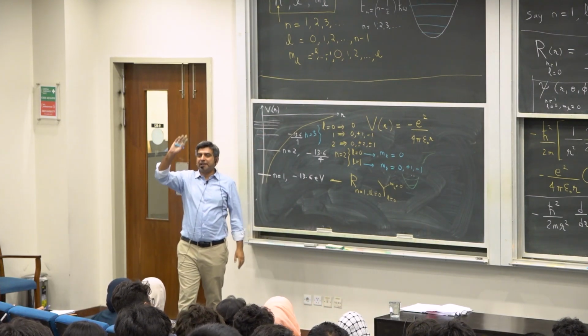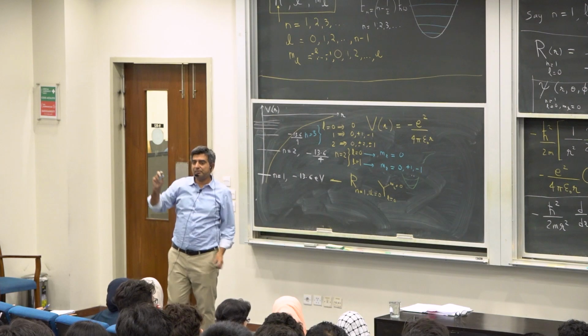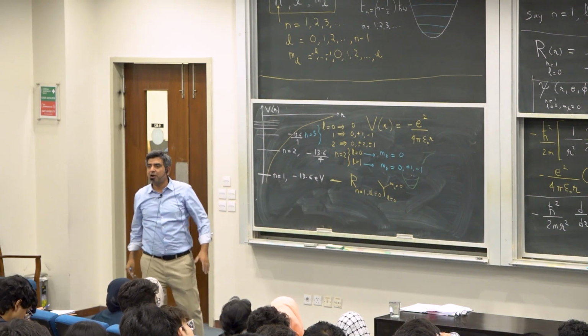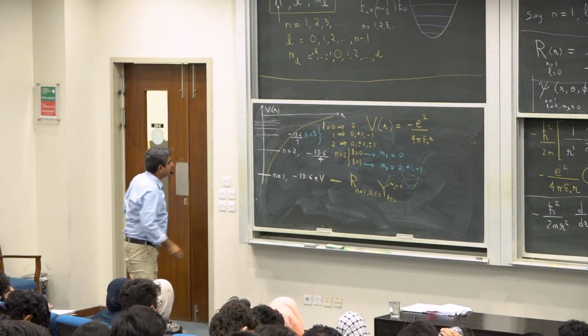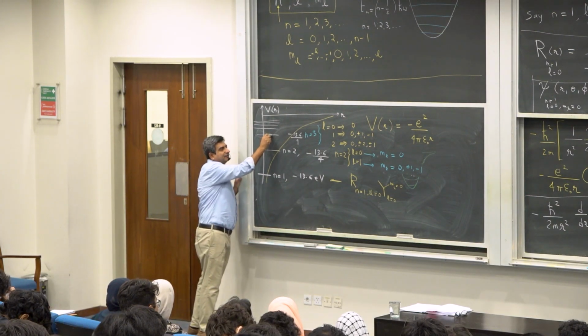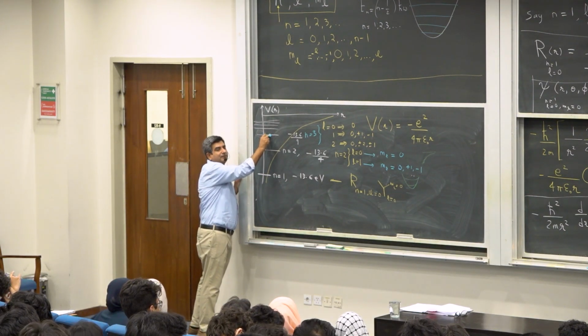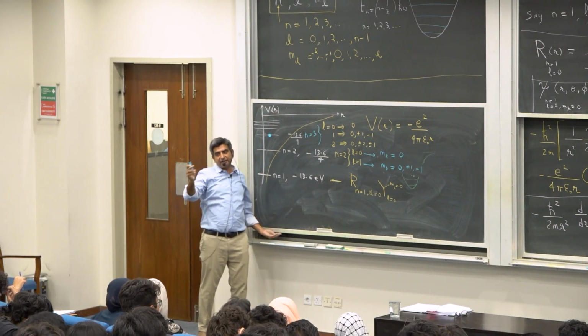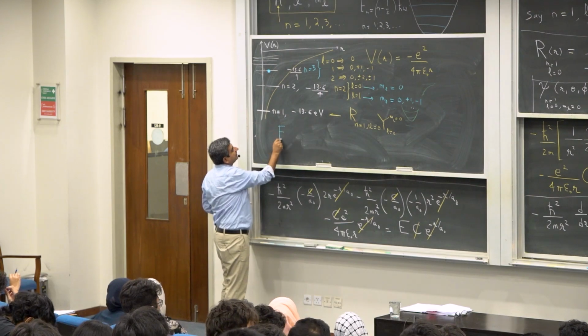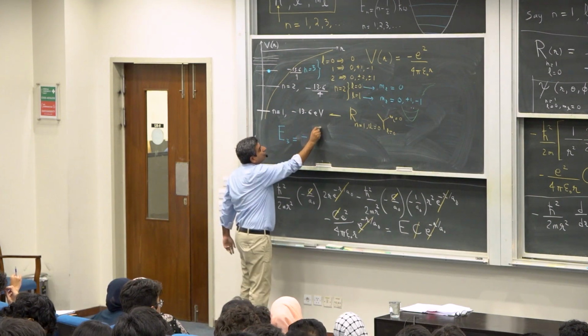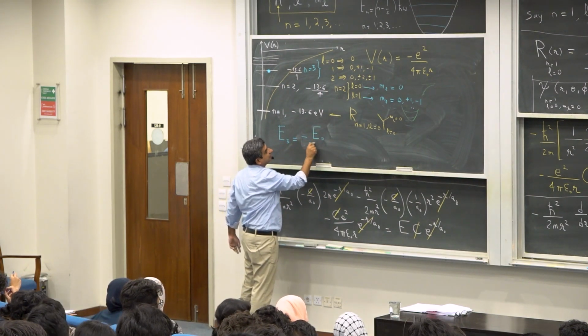If an electron is excited somehow by an electric field, or by collision with other atoms, to this n equals 3 level, it will have some energy. That energy in the third level is minus E naught over 3 squared.